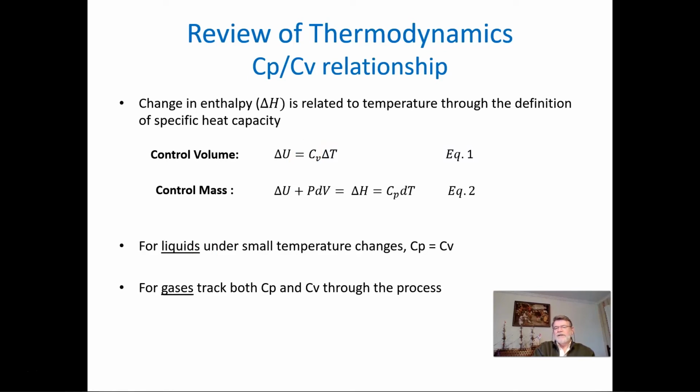But for gases, they can vary widely between each other, even for small temperature differences, so it doesn't work for gases. So you need to kind of track them through the entire process. You can't assume they are the same for gases, okay? So that ratio Cp over Cv is where you get that gamma, again, that we saw in the diesel cycle analysis, for example. Remember, it was 1.4 for the ideal gas. Gamma is the heat capacity ratio. We'll come back to that in a minute.